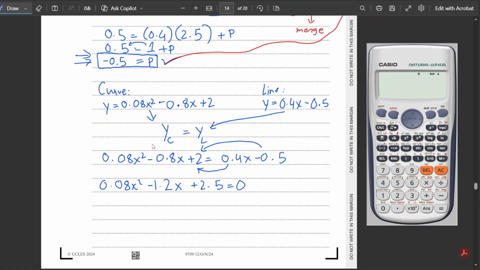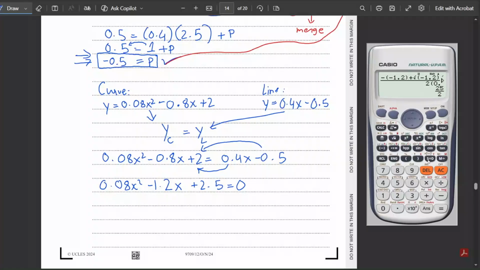Now I can solve this quadratic equation, so that's going to be minus b, which is 1.2, plus under root b squared, negative 1.2 squared, minus 4 times a, 0.08, and then c, and then divided by 2 times a, 2 times 0.08.